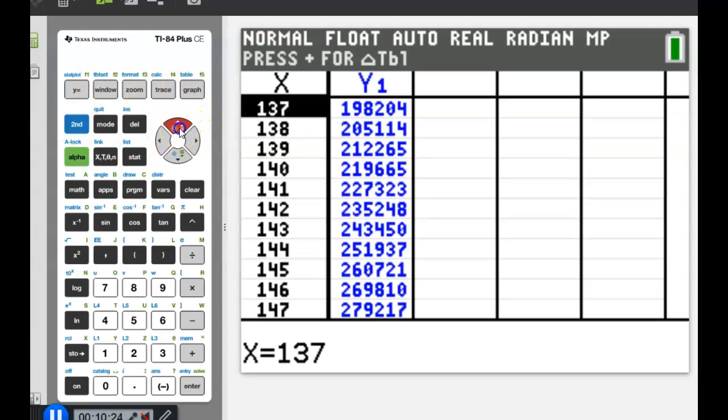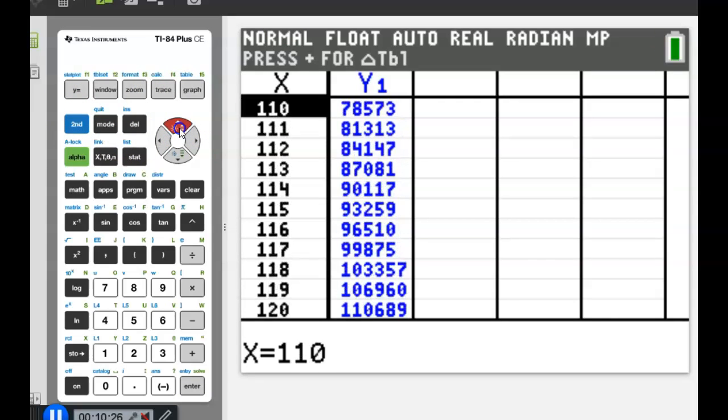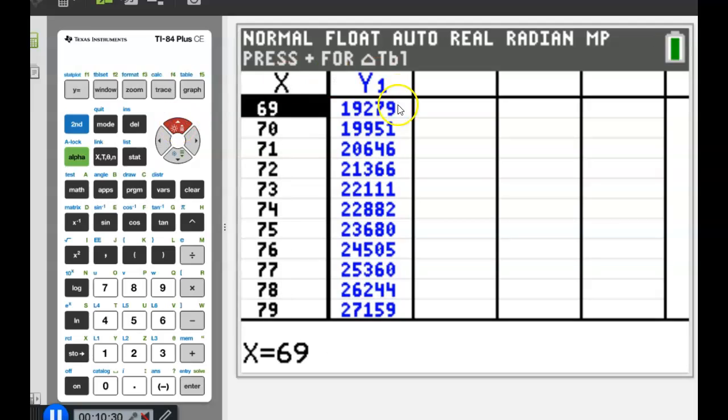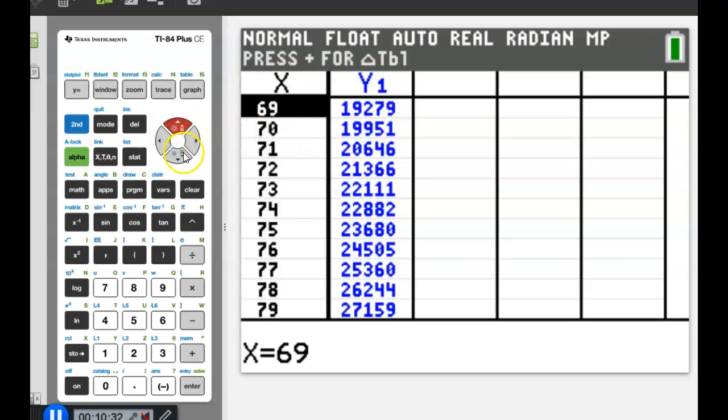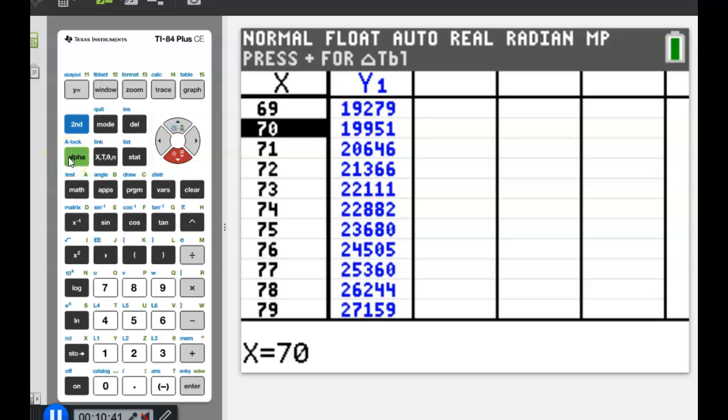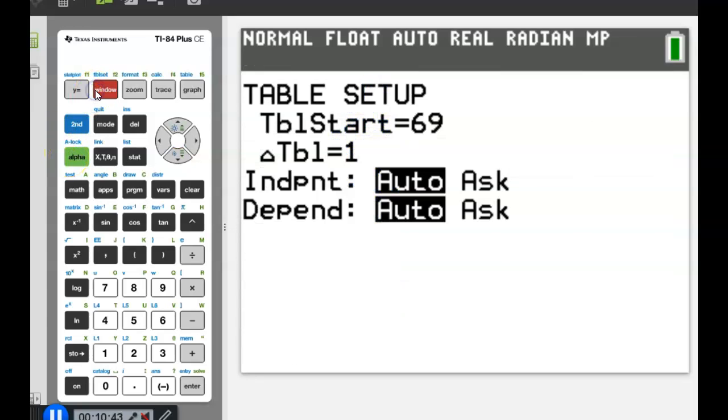Okay. So if you have saved the equation, you could look at the table. Anybody get that number? There's another way you could do that. Remember, you could set it to ask auto.